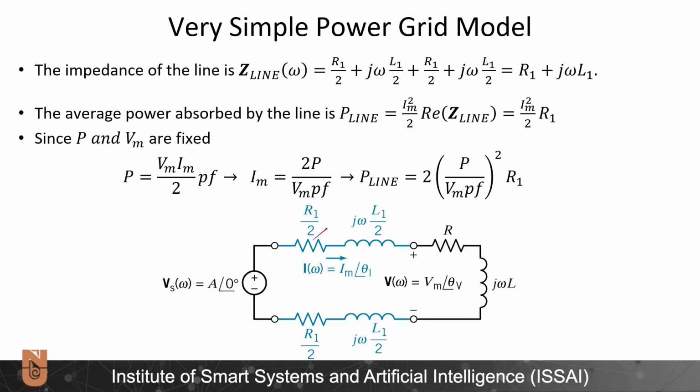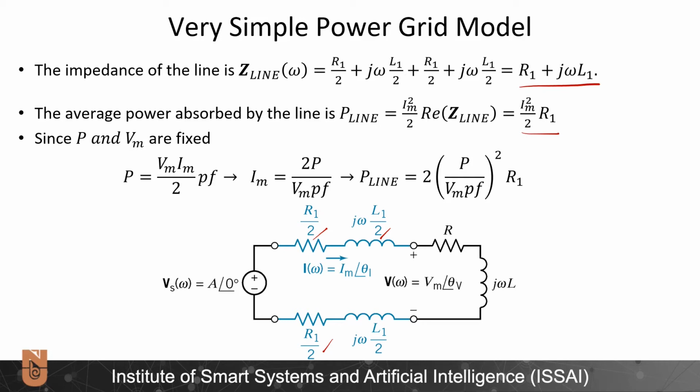The impedance of the transmission line is the addition of these four elements, resultingly R1 plus jωL1. And the power absorbed by the line can be found from the real part of this impedance, and accordingly it is Im squared divided by 2 times R1.